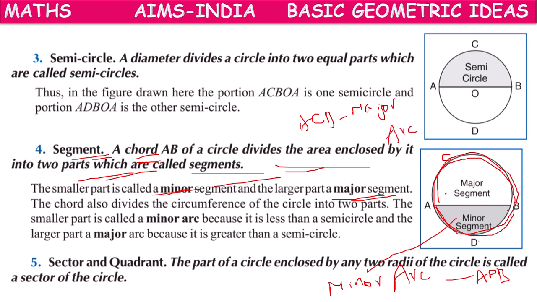So it divides the circle, or divides the circumference, into two arcs, minor arc, major arc. Why is it called minor arc? Because it is less than a semicircle. Why is it called major arc? Because it is greater than a semicircle.